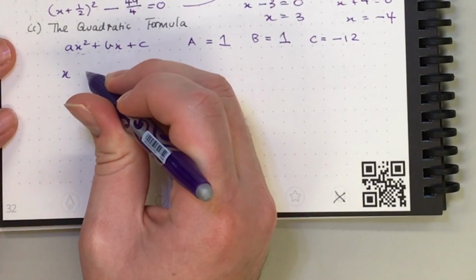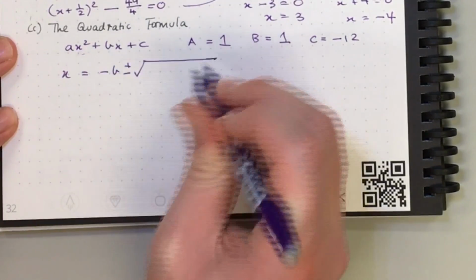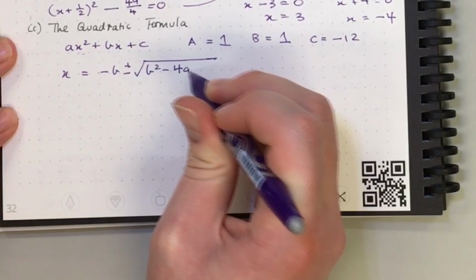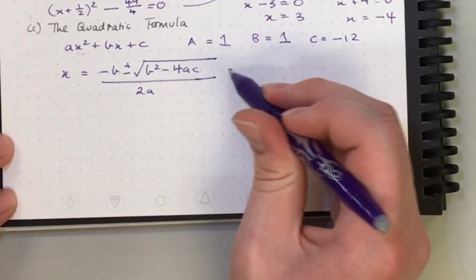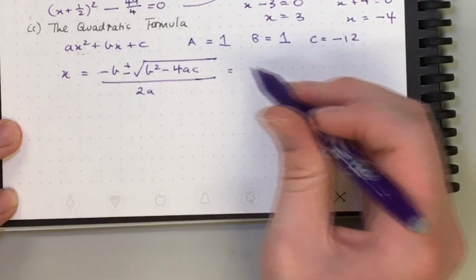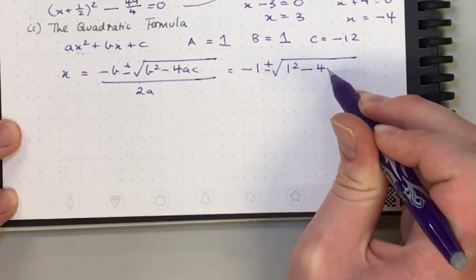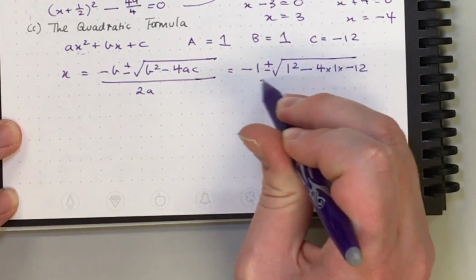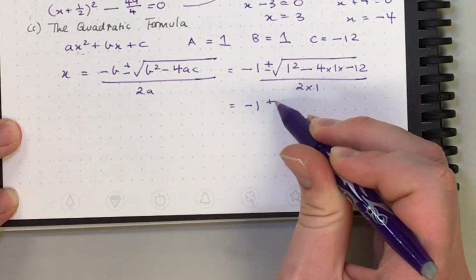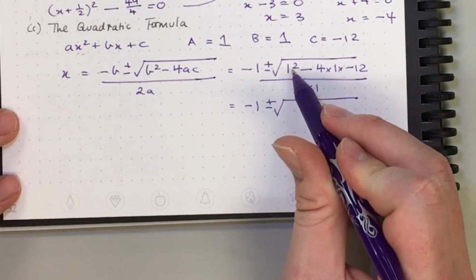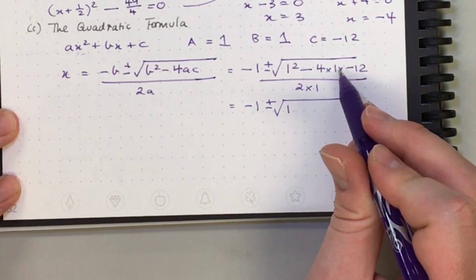So if I just substitute these all in, it becomes negative 1 plus or minus the square root of 1 squared minus 4 times 1 times negative 12, over 2 times 1.